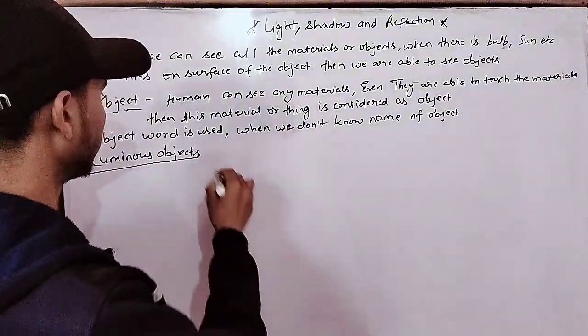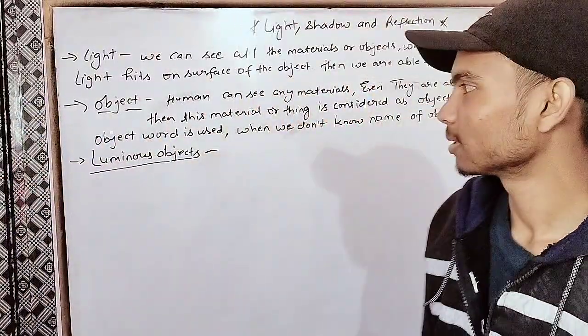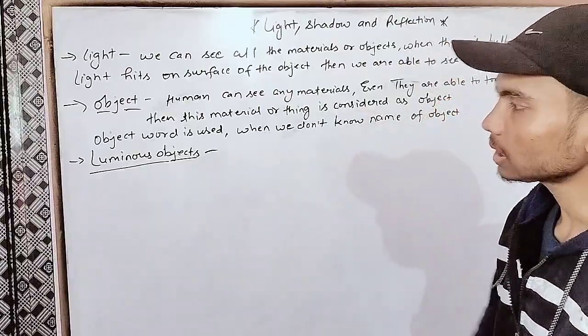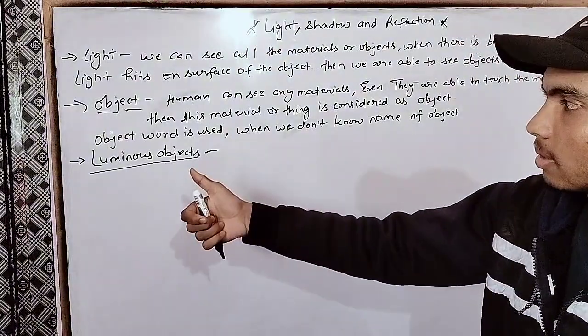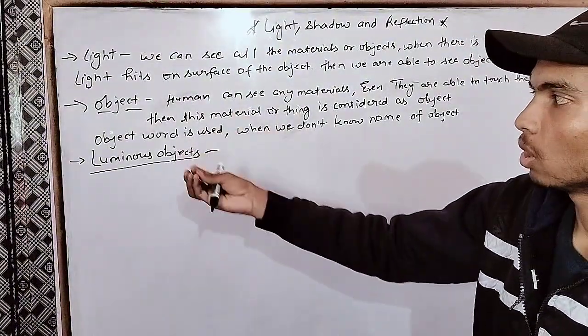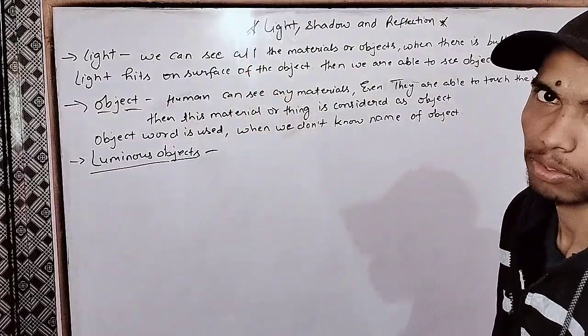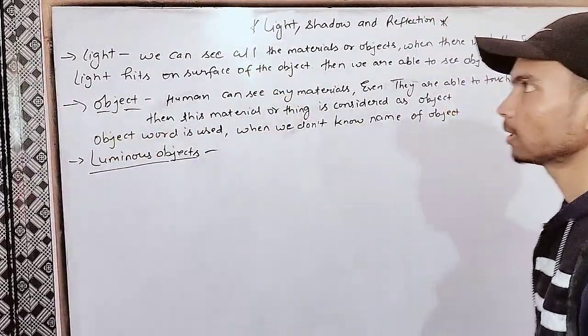Do you have any idea to discuss it? So here we are looking at the word object. That's why it was compulsory to explain it before we move on to the next discussion of words. So here we saw the meaning of object.